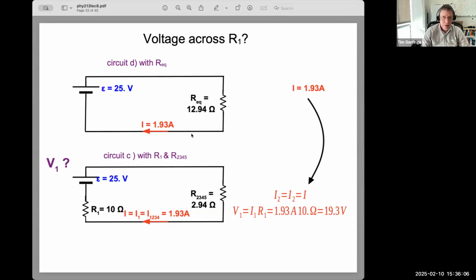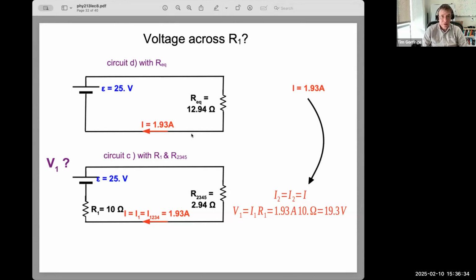Finally, I want to solve the two remaining parts of the problem. The first question in the remaining parts was, what is the voltage across the individual resistor R1 in the original circuit? The second part in the remaining part of the problem is, what is the current through the resistor R5 in the original circuit?